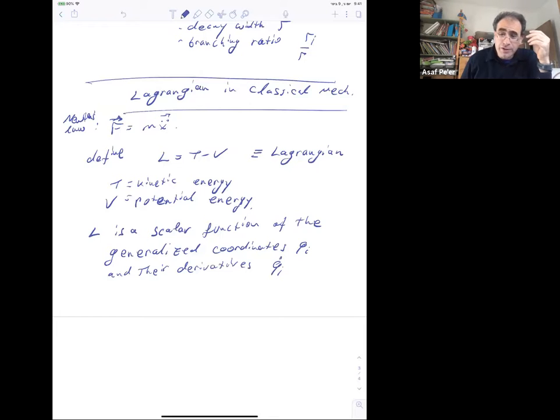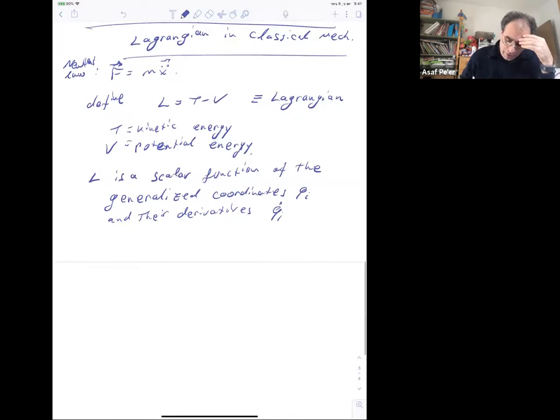Now I explicitly assume that there is no time dependence in the Lagrangian. Once we specify the Lagrangian, then the equation of motion is the Euler-Lagrange equation. This is what replaces Newton's second law.